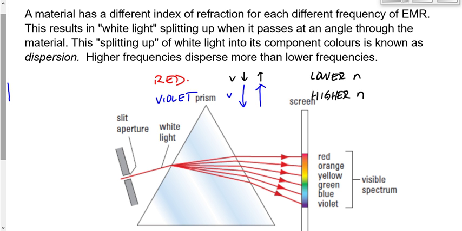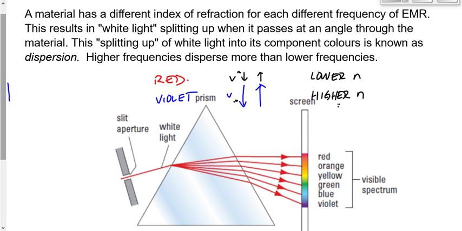So violet light changes speed more, and therefore changes direction more, because the glass has a higher index of refraction for violet light. That's called dispersion. When we separate all the colors of the rainbow from white light, due to each color producing a different index of refraction in the material.